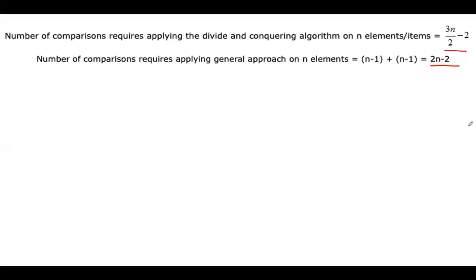For both, it is a constant. If you leave it, both are big O of n. Now, just based on complexity, can you tell which algorithm performs better? Is it possible?